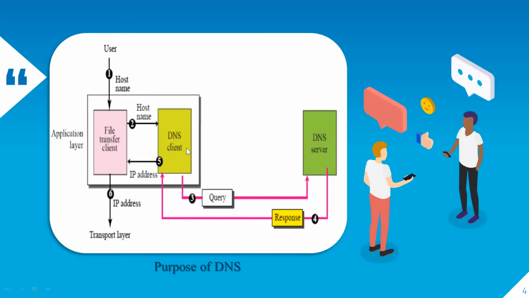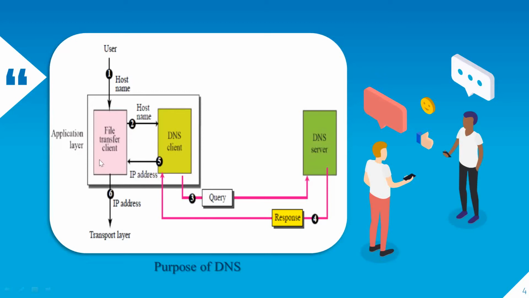From the DNS client, the IP address is passed to the file transfer client. Once the file transfer client receives the IP address, it makes the connection and the file transfer can be done. This is the process performed to map a name to a particular IP address.